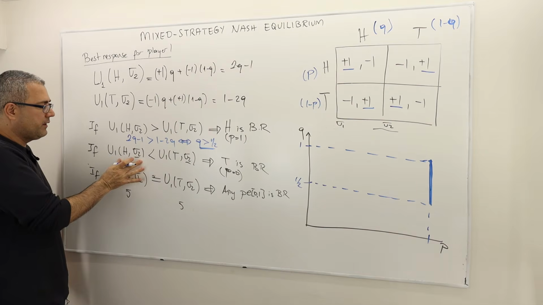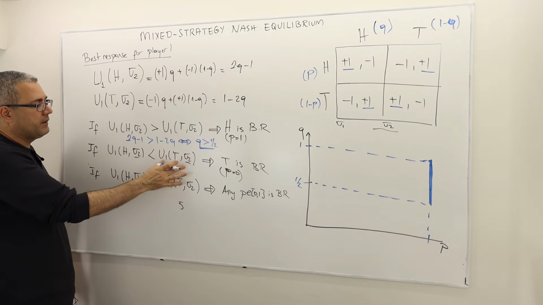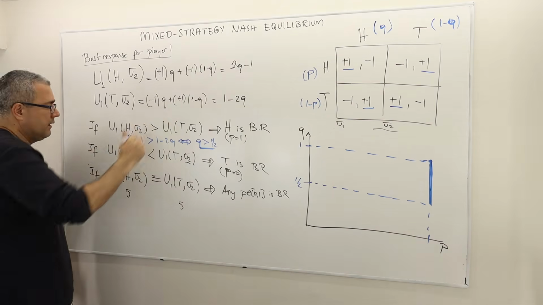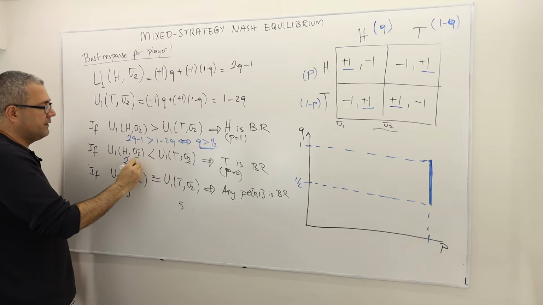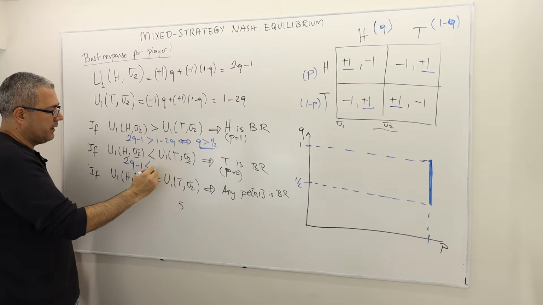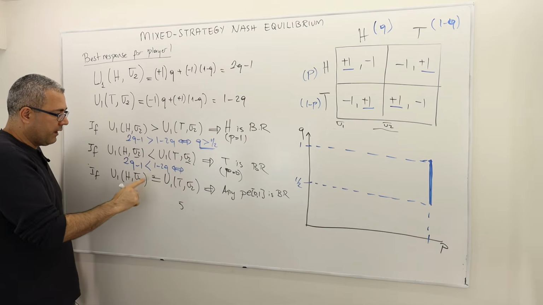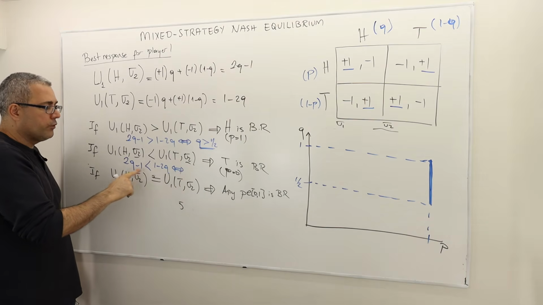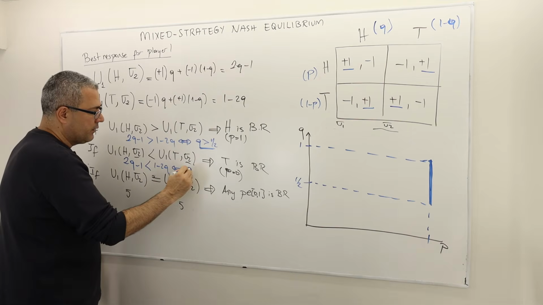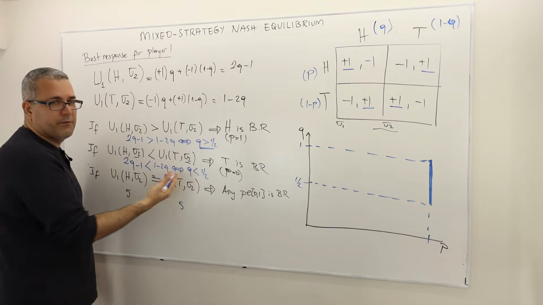What about this inequality? The expected payoff of head less than expected payoff of tail. Once again, the expected payoff of head is this. Expected payoff of tail is 1 minus 2Q, which if you simplify it, you're going to have 4Q less than 2, meaning Q strictly less than 1/2, obviously, right?